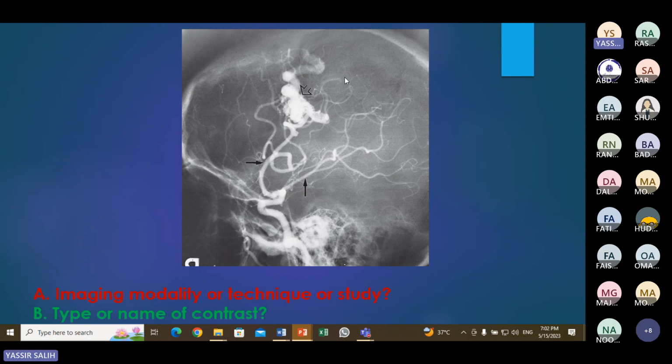What is the name of the contrast used in this technique? What type of contrast? Is it barium? The white here is all contrast within the blood vessel.